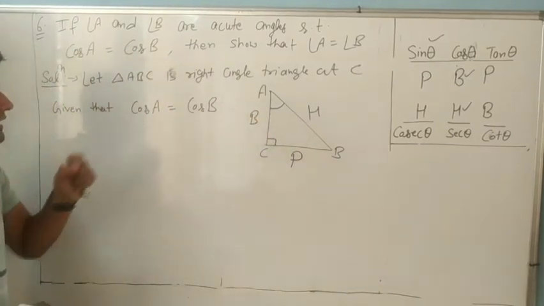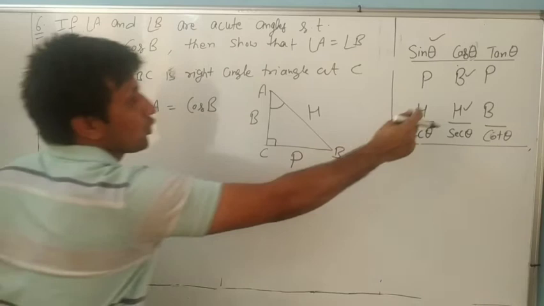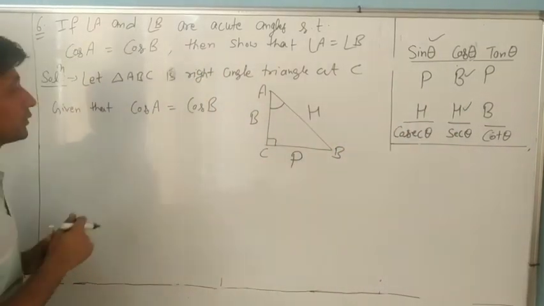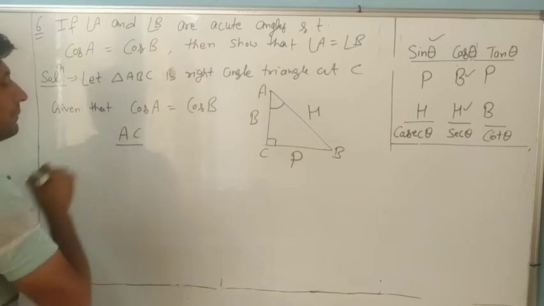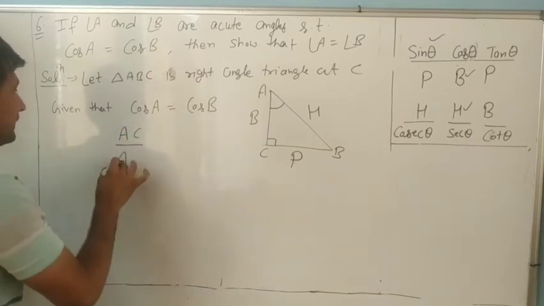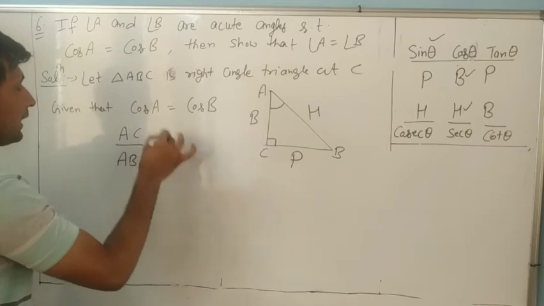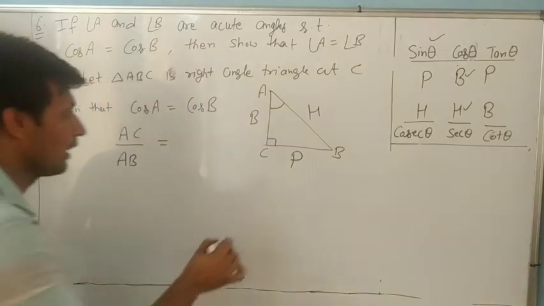So cos A is base by hypotenuse. What is the base? AC divided by AB.